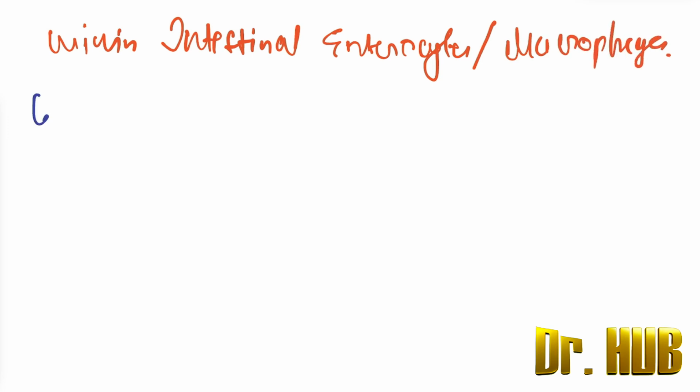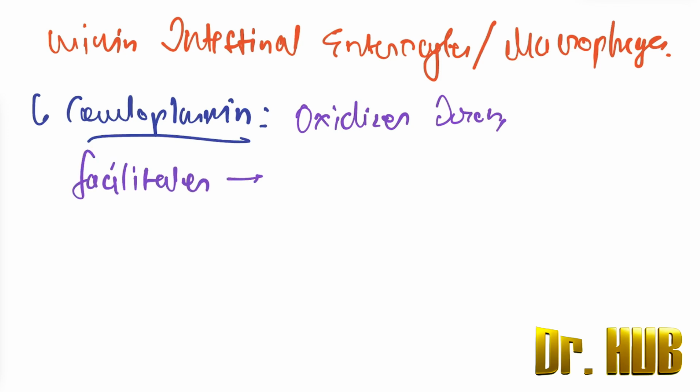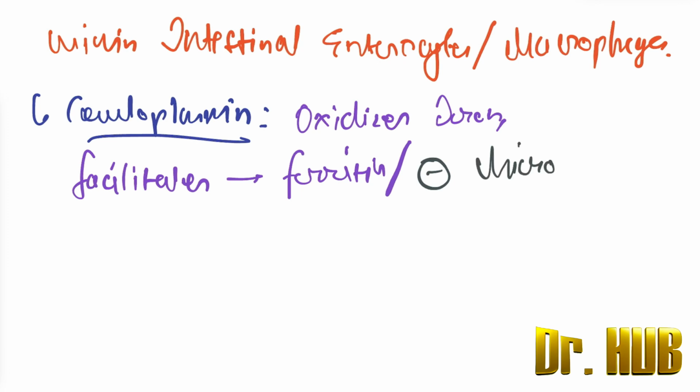Next we look at the ceruloplasmin. In terms of the ceruloplasmin, it oxidizes iron. Then it also facilitates for the ferritin, and there is inhibition for the microbial uptake.